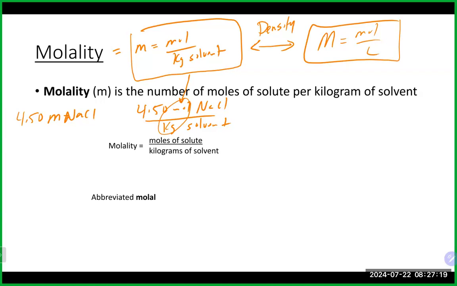It's used in a number of calculations, like boiling point elevation and freezing point depression and some other calculations. So we will see molality again in a couple of other chapters and some formulas. But in terms of solutions, most of the time molarity is going to be the one, but this does pop up a little bit along the way.